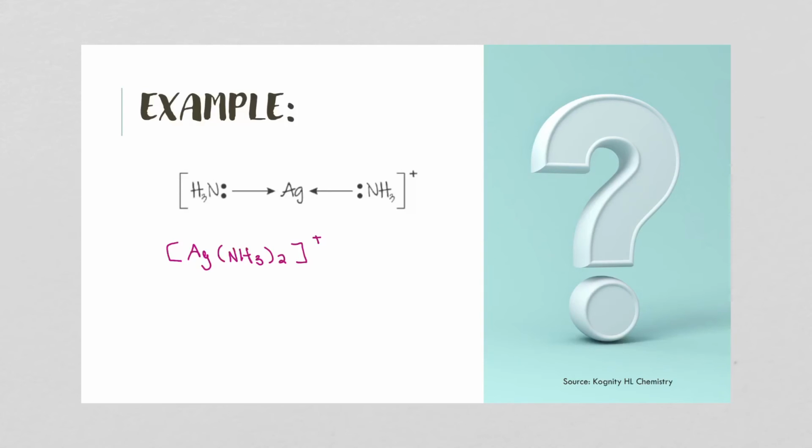This time the shape is linear, because there are just 2 pairs of electrons being shared by 2 different ligands. So it's linear, and our coordination number is 2, because there are 2 pairs of electrons involved overall.